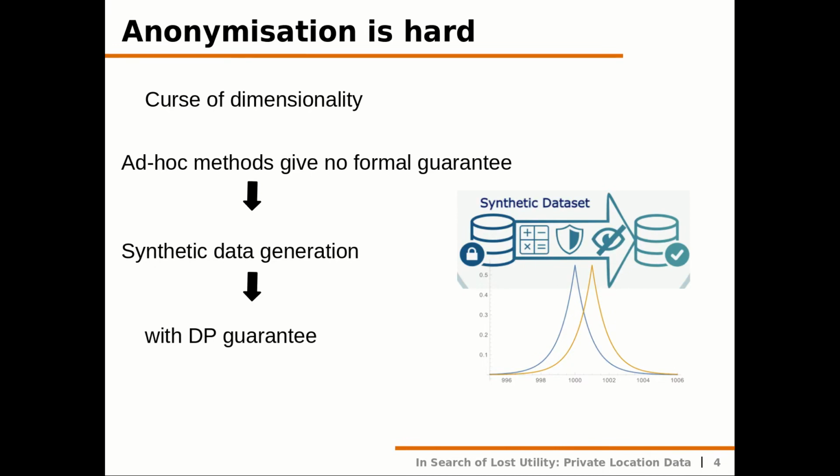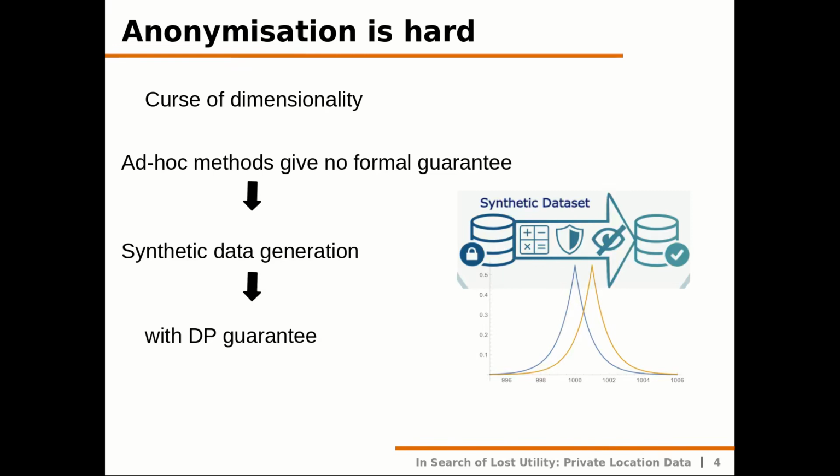It's also because it's very hard to use formal methods because of the curse of dimensionality. So the larger your input space is, the more problematic it is to introduce noise to your data set. And we know that ad hoc methods don't give any formal guarantee. So this is what happens.